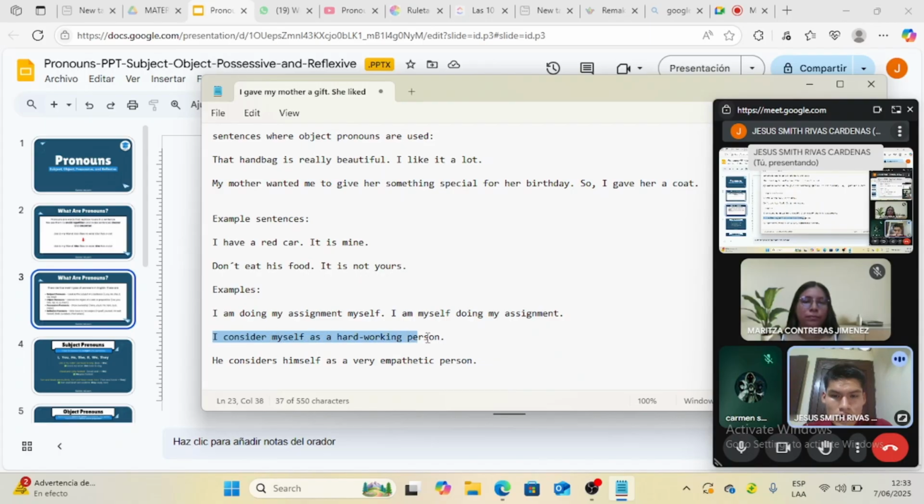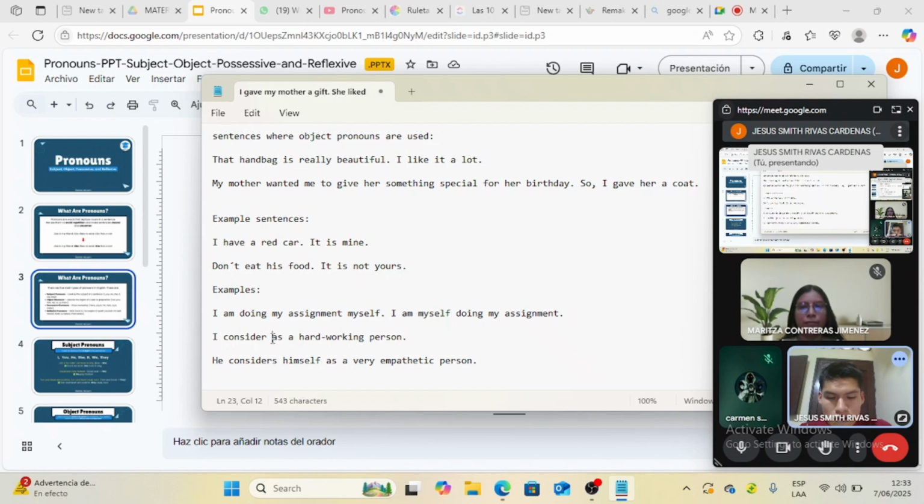Esta oración sería traducida en español como yo me considero como una persona trabajadora. Si yo le elimino el myself, se traduciría en español como yo considero como una persona trabajadora. Y no es lo que tú quieres decir.